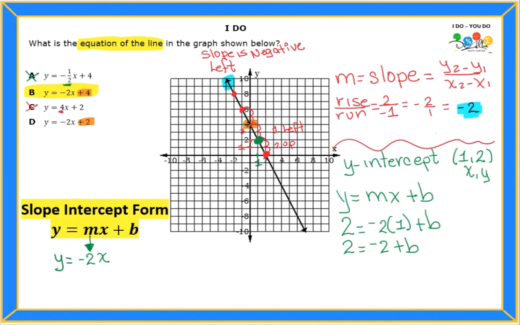The opposite of a negative 2 is a positive 2, and the 2's cancel out. I get b equals 2 plus 2, which is 4. So I found the y-intercept. Look over here: m, I replace it with a negative 2. B is my y-intercept, so I replace it with plus 4, which is the answer that we had decided it was going to be, B, right?